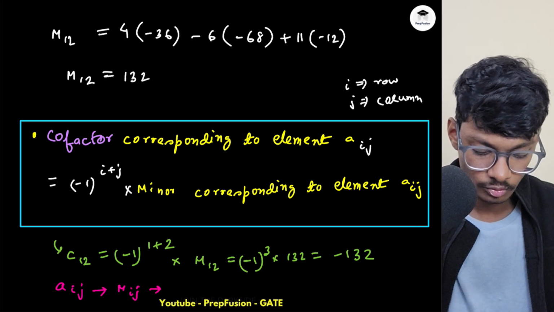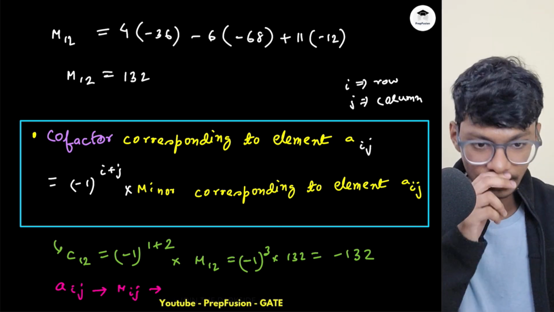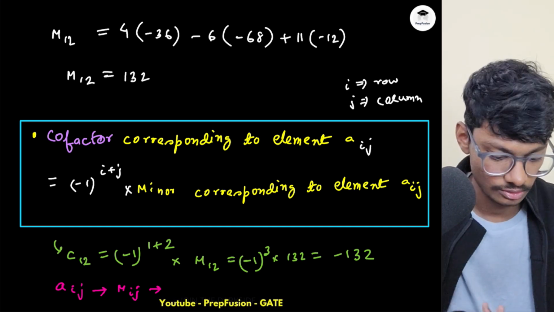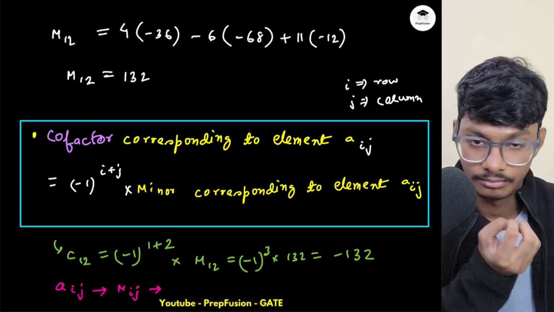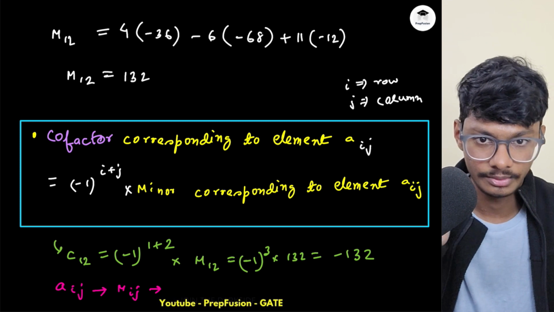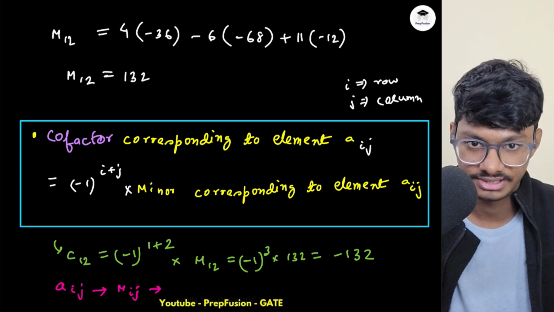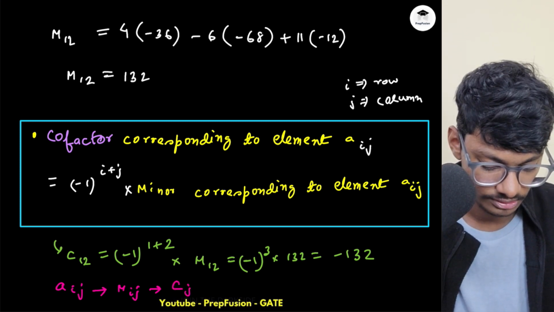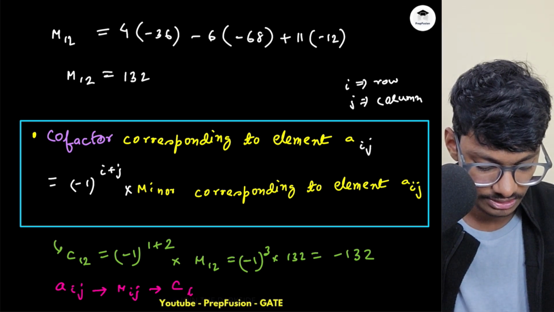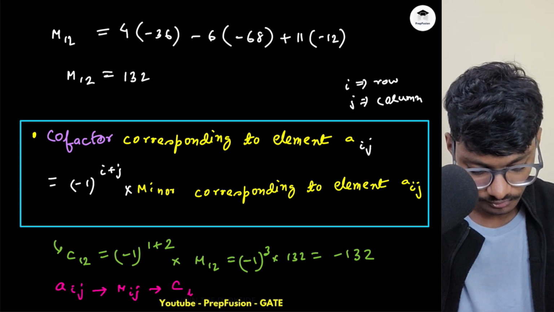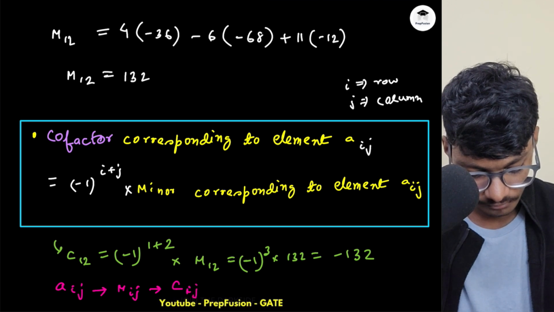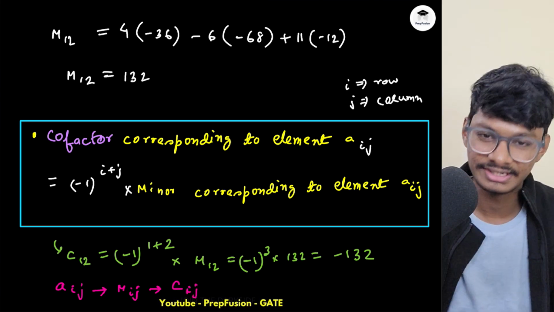Then you do this simple odd-even thing: if it is in an odd place, you multiply by minus 1. If it is in an even place, you multiply only by plus 1, so you do not change the sign. Then you will be able to find the cofactor. So there are 3 steps for finding the cofactor. So this is basically it for the cofactor.